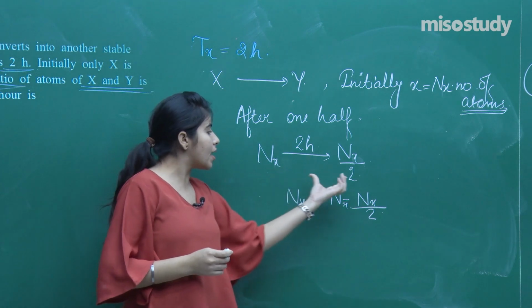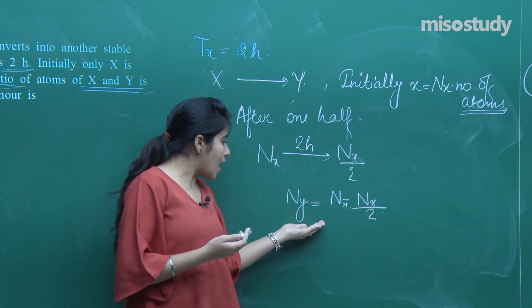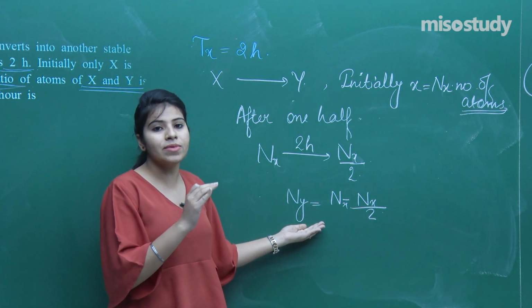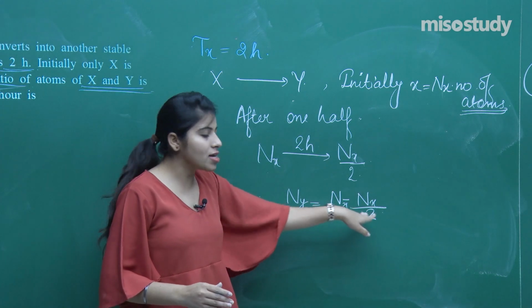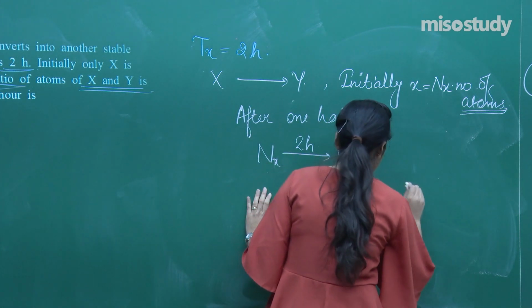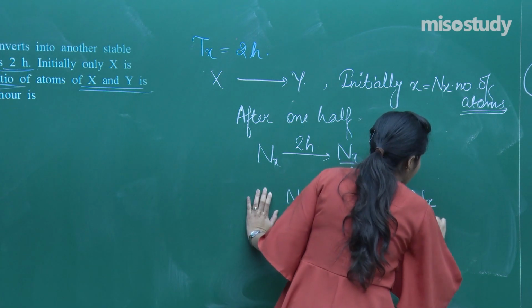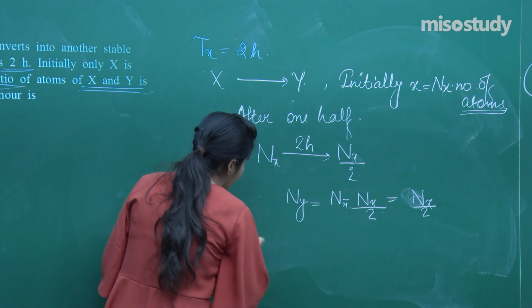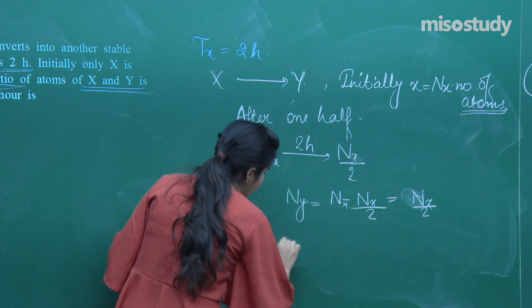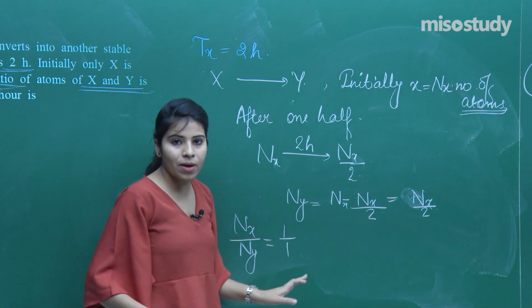Initially it was nx and finally it is nx by 2, so the number of atoms that have decayed, ny, will be nx minus nx by 2, that means nx by 2. So if I find the ratio of nx upon ny, it comes out to be 1:1. Nx by 2 upon nx by 2, 1 by 1.